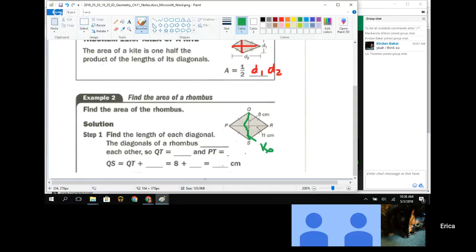And the distance from P to R is going to be 11 plus 11, so it's going to be 22. So the entire area of this rhombus is going to be 1/2 times 16 times 22.